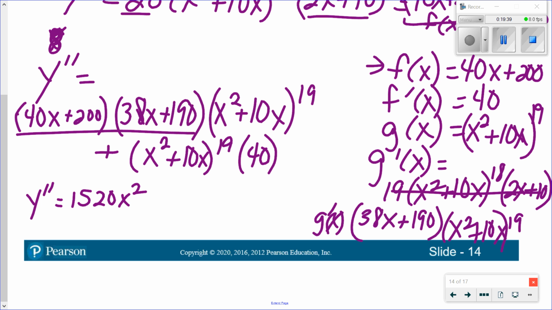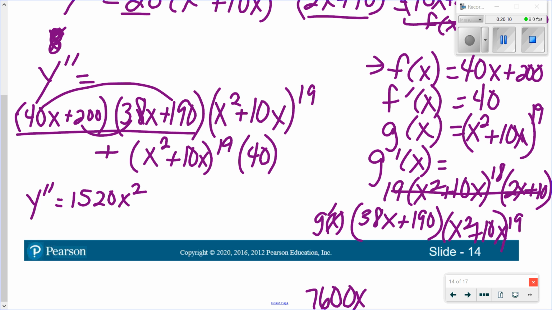And then I'm going to have 40 times 190. So that's 7,600. I'm going to jot that down over here because I know I'm going to have to add it with the next term, 7,600 x's, but I'm also going to have 200 times 38. Which is another 7,600.